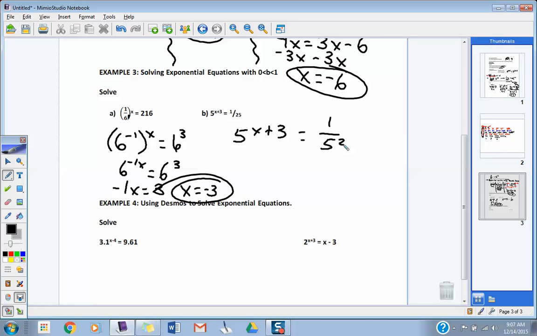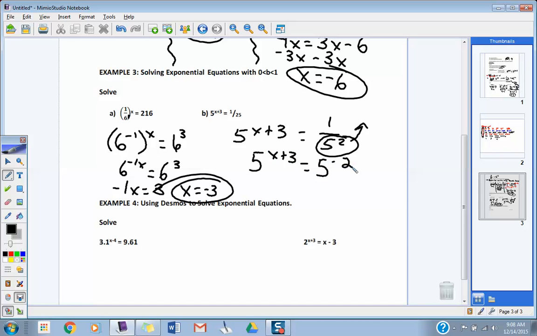It is, isn't it? But now we have this goofy situation where there's a 1 up top, and in the denominator I have 5 to the second. I'd like to write this as a base of 5. So if I move this to the top, my exponent of 2 turns into what kind of a 2? So this is now 5 to the x plus 3 equals what again, McKenna?